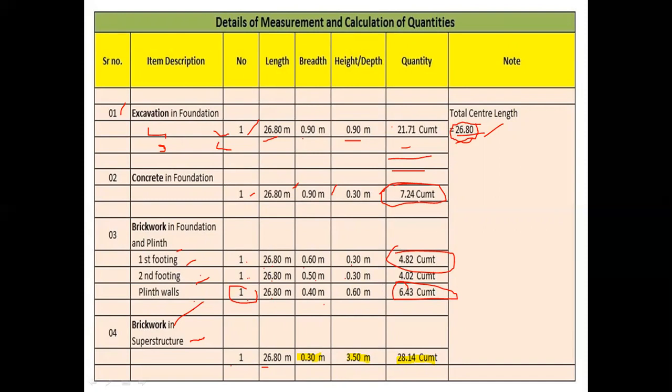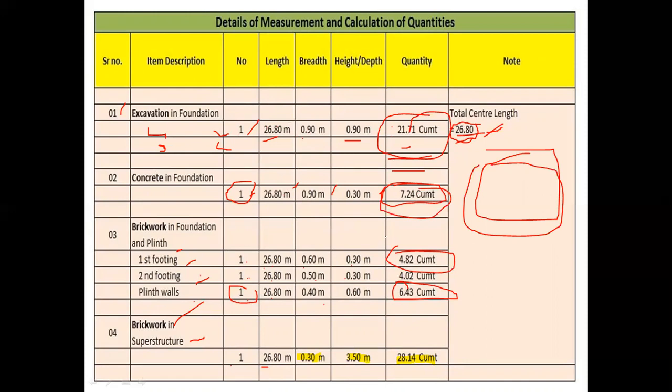Finally, in the center line method, we directly take the total center length of the whole diagram, long wall plus short wall, and the length is 26.80. The wall number is one. Taking length, breadth and height, we substitute and come to the quantity. Similarly for concrete, number one, substitute the total length, breadth and height, and get the quantity.